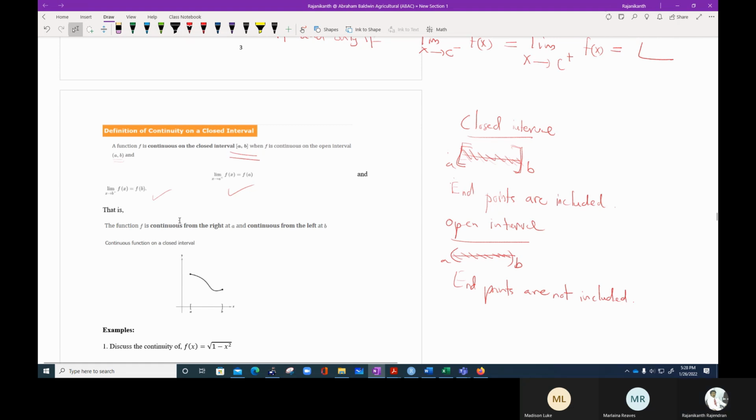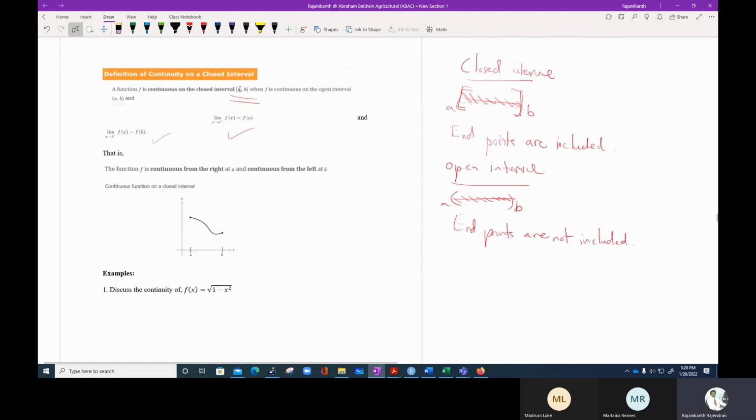So if the function is continuous on the closed interval, that means it should be continuous on the open interval, and the left limit at B should be defined, which is f of B, and also the right limit of the function at A should be defined, and that value should be f of A. So this condition should be satisfied for being continuous on the closed interval AB.